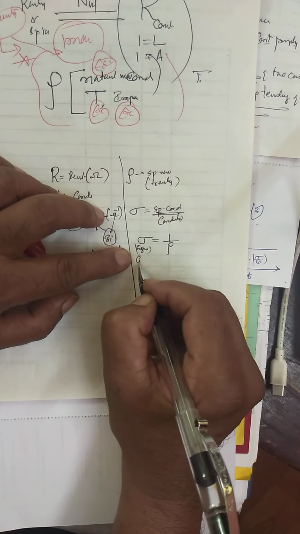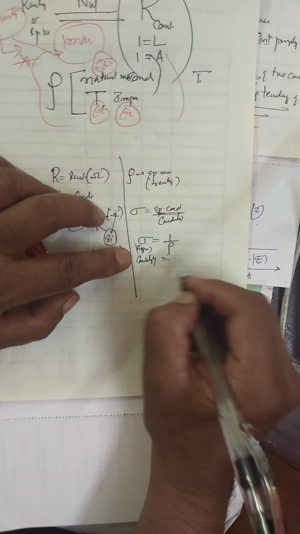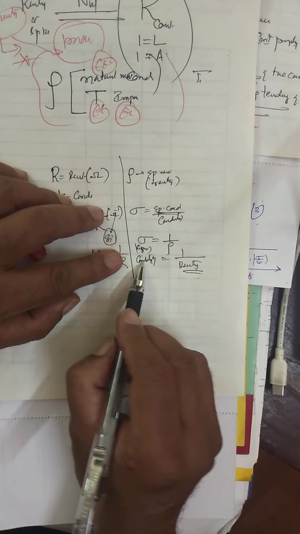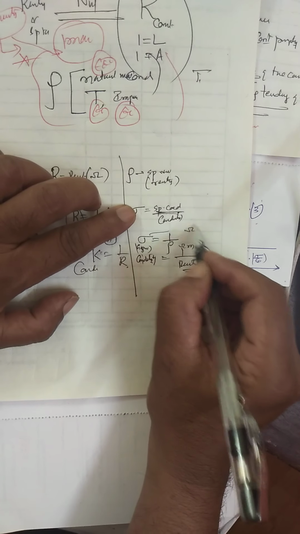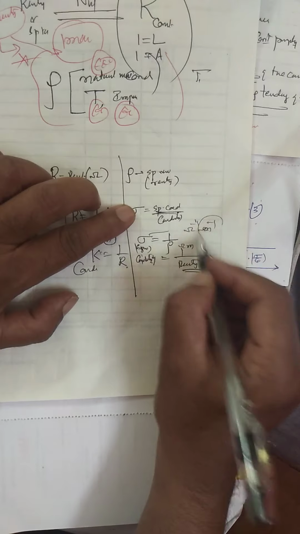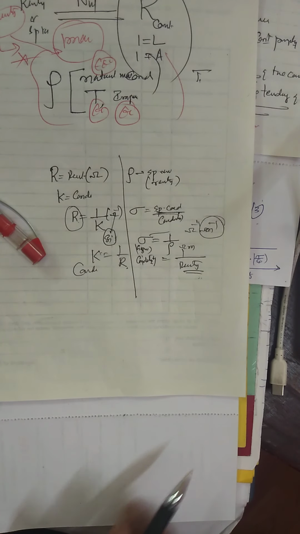Sigma is conductivity. This is resistivity. They are reciprocals. This is ohm meter, this is per ohm per meter, that's per ohm Siemens, they'll write. When you do the problems, I'll tell you all the things, right?